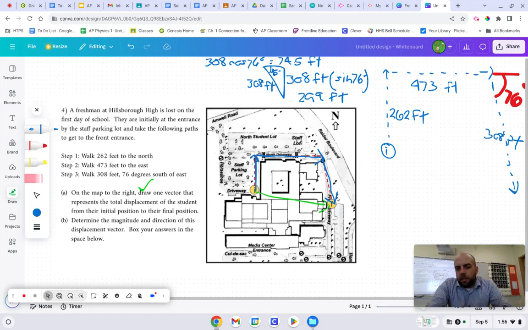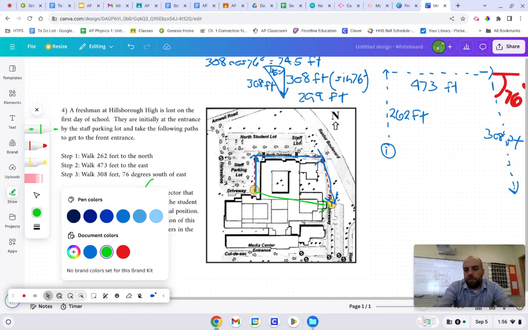So what we figured out is that in that last step, the student moved 74.5 feet to the east and 299 feet south. Those directions are key because now we know the total amount that the student moved to the east.